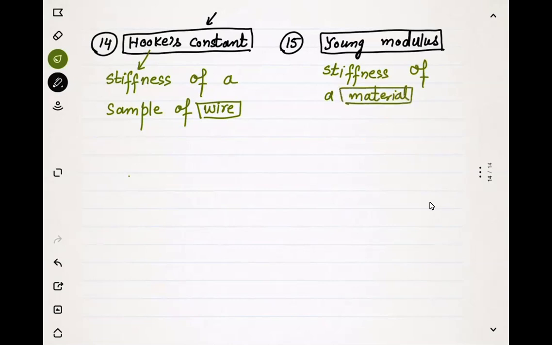So if you want to compare the stiffness of different wires, then the quantity that you are going to use is the Hooke's constant. So Hooke's constant is used to compare the stiffness of individual wires. However, if you want to compare the stiffness of the material of the wire, then the right quantity is Young modulus and not the Hooke's constant.